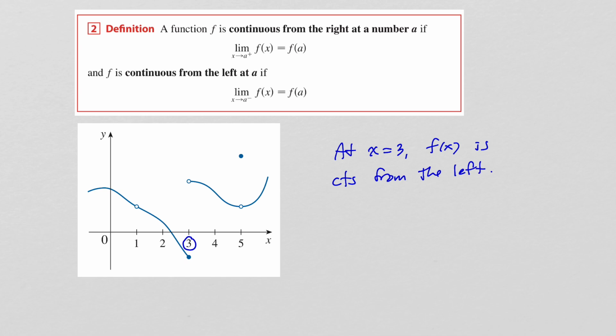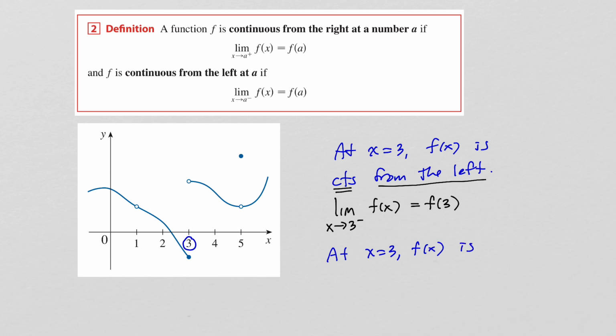So we can see from the graph that if you take the limit as x approaches 3 from the left of your function, that this is actually equal to f of 3. And that is why it is continuous from the left. However, at x equals 3, f of x is not continuous from the right.